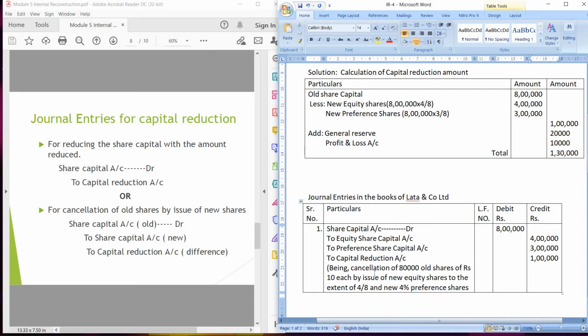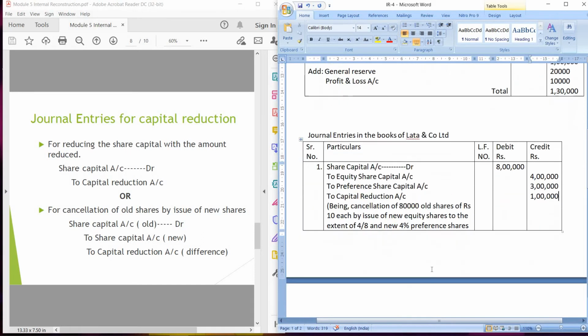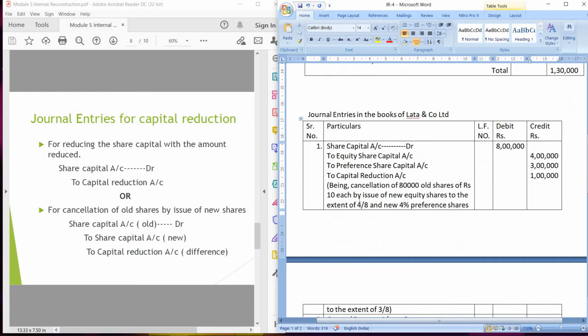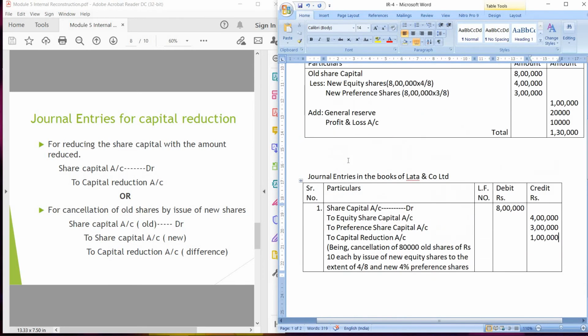Narration: being cancellation of 80,000 old shares of rupees 10 each by issue of new equity shares to the extent of 4 by 8 and new preference shares to the extent of 3 by 8. This is how you pass the journal entry for this transaction. You are cancelling your old share capital and issuing new equity shares and preference shares.